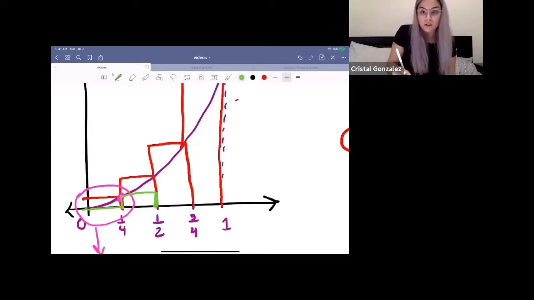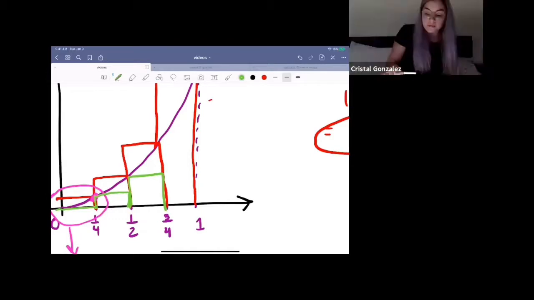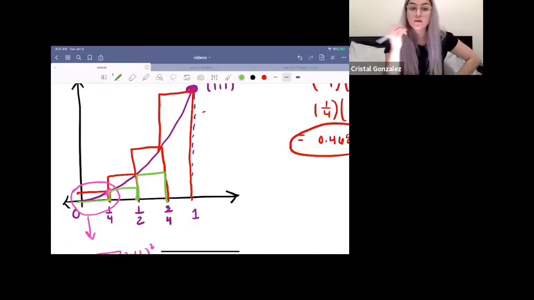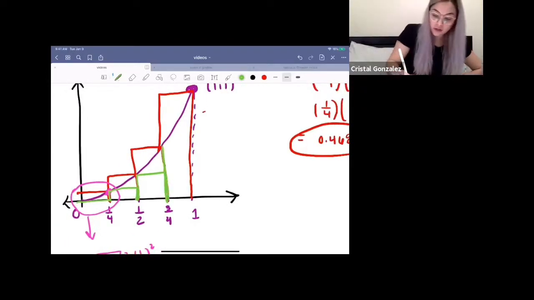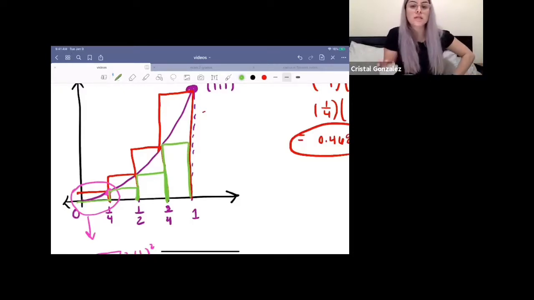From this part here, go up to this function and go this way and draw the rectangle this way. And then we can draw the next rectangle from here to here. And now we get different rectangles, but we're still approximating that function.